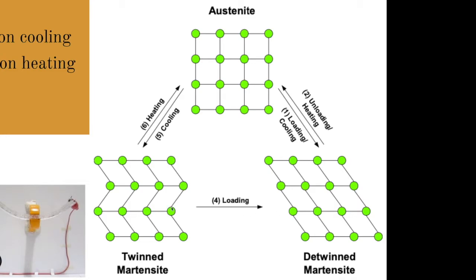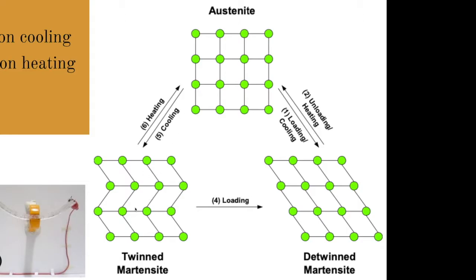And then if you load the twin martensite, it will get to the detwinned martensite. If you're heating or cooling, you will get the twin martensite or austenite. So the right part here is usually for the loading. If you are loading with some applied force, you will change the form from austenite to the twin martensite.